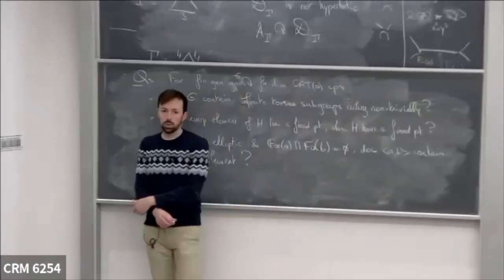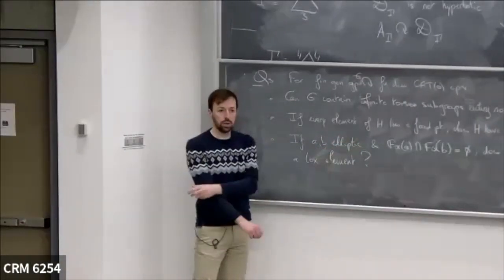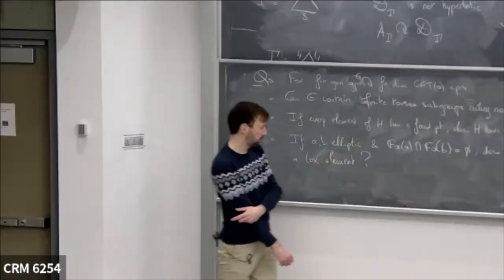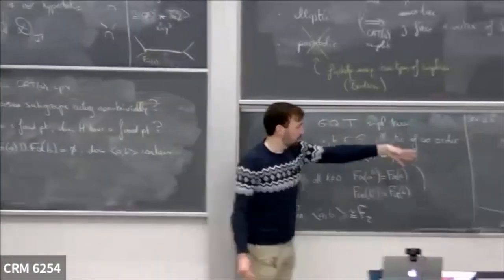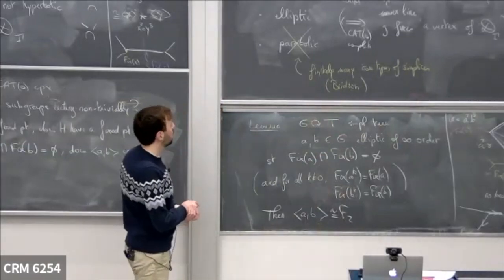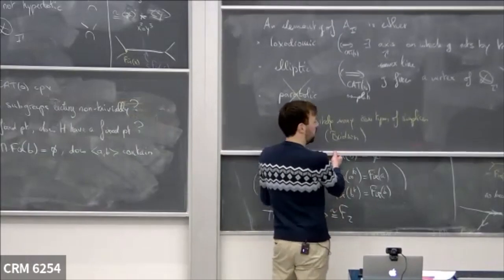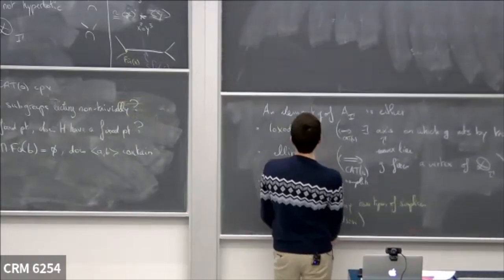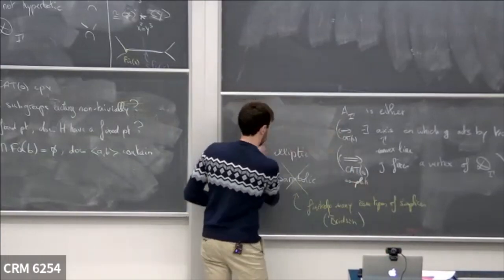But this is generally a hard question. In the case of the tree, the answer is yes, and you can use that to construct lots of loxodromic elements. What we're going to do is essentially show that everything works well in the case of the Artin group acting on its Deligne complex.